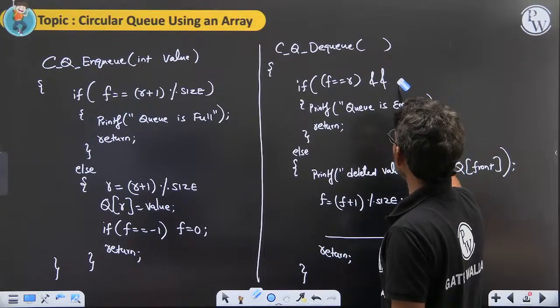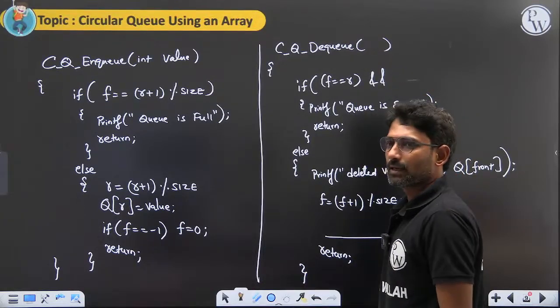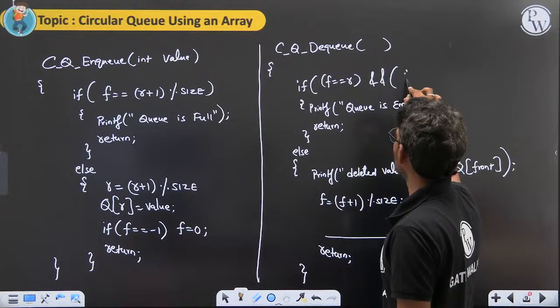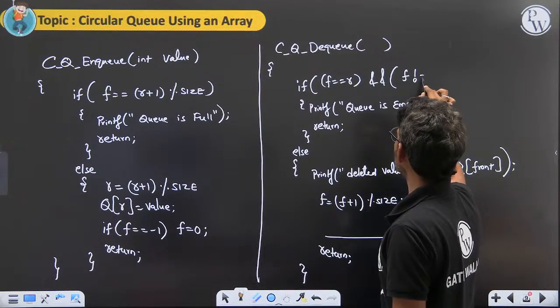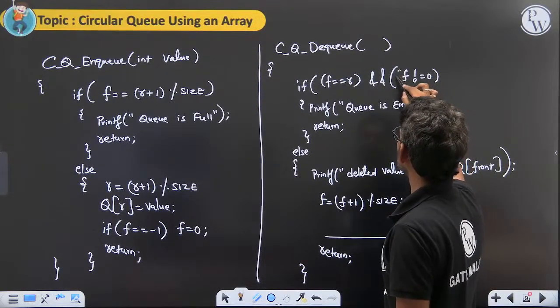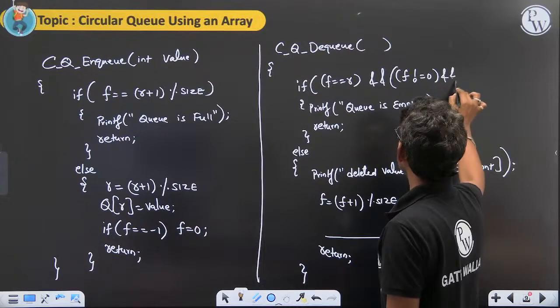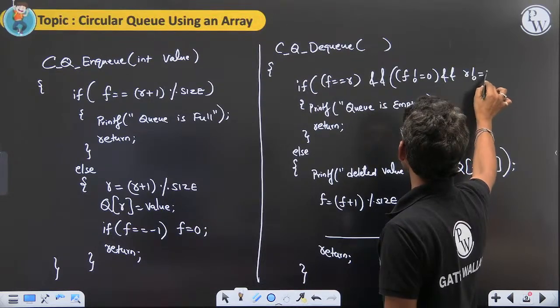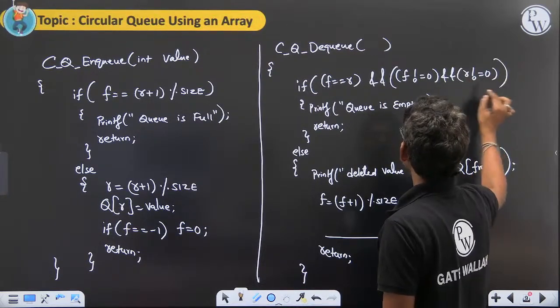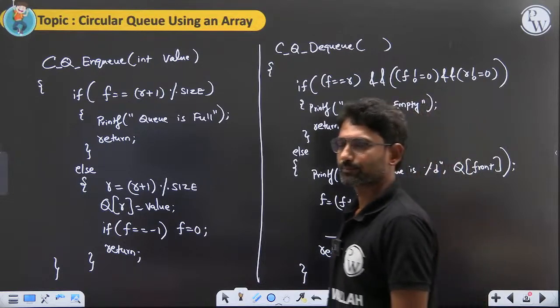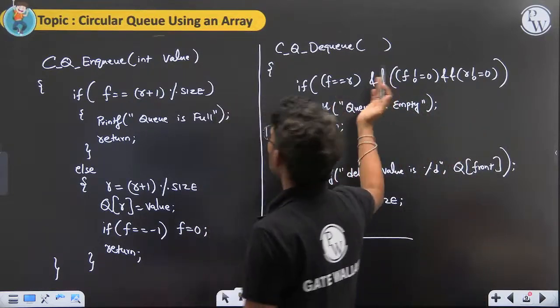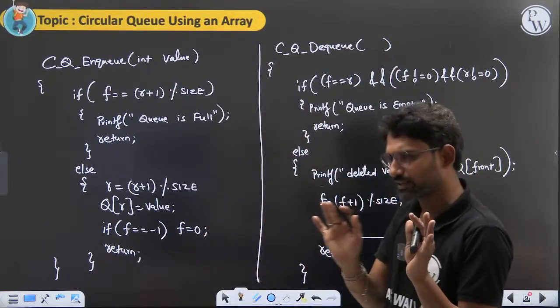So front is equal to rear, and here front should not be 0, rear should not be 0, because otherwise it will not work. Or there could be other ways. I am just writing the brute force method.